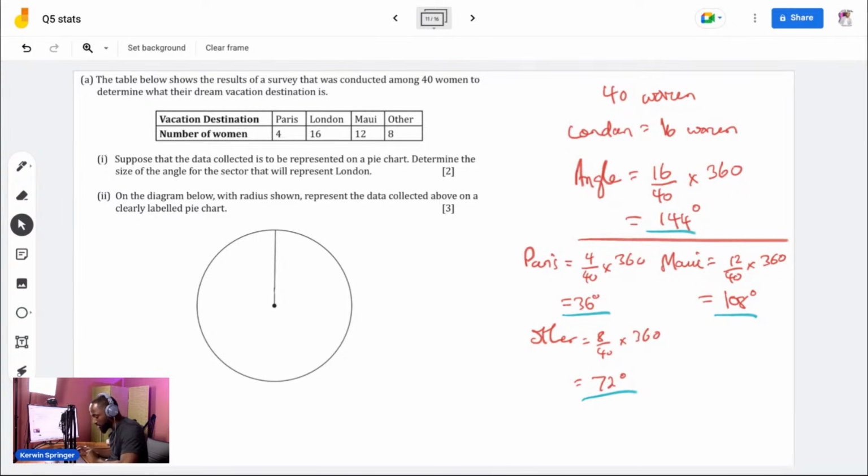The diagram below with radii shown represents the data collected. I kind of needed the overhead camera for this one, but oh, what can we do. I wanted to show you all how I'm going to line up the angle on this.